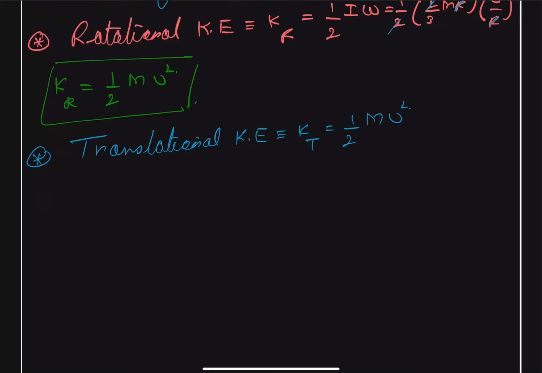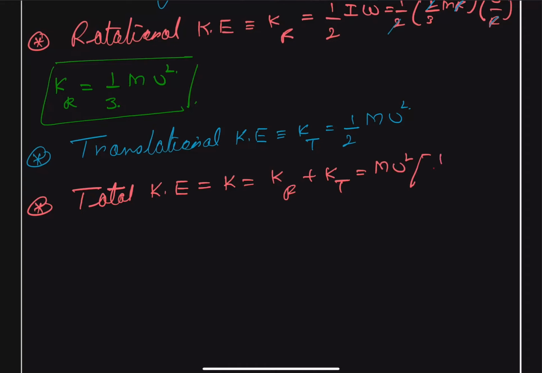And the total kinetic energy, let us call that K, will be equal to rotational plus translational, and it has to be 1 by 3 mv square plus 1 by 2 mv square, we can take mv square as common.